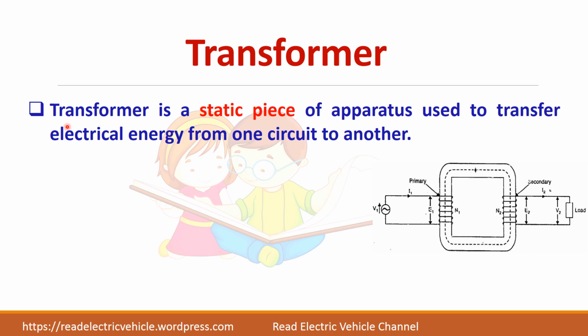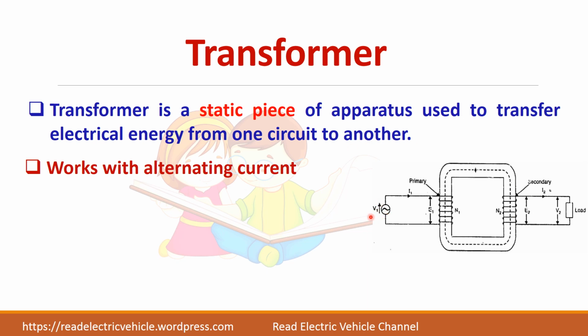So the transformer is a static piece of apparatus used to transfer electrical energy from one circuit to another. So we have primary winding and secondary winding. We give alternating voltage to the primary winding and load will be connected at the secondary winding.